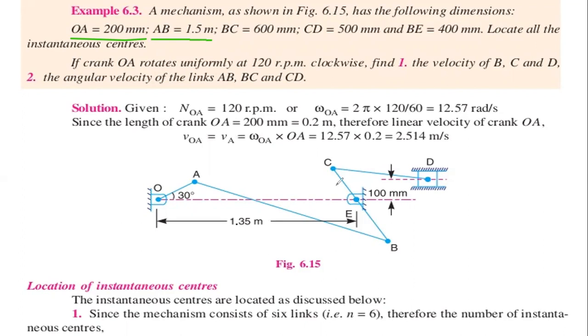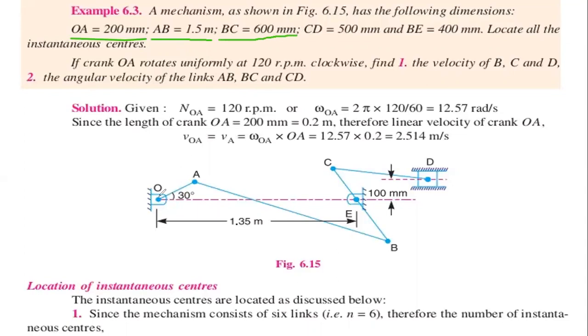This is the given diagram here. And it gives BC length is equal to 600 mm.